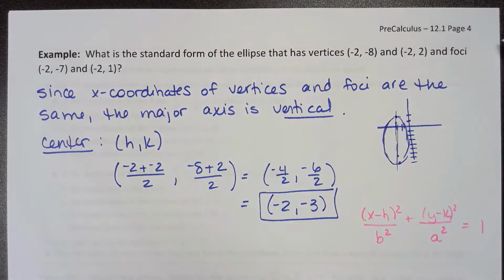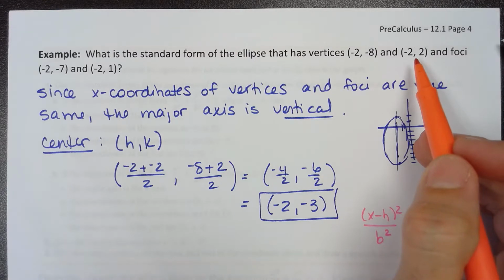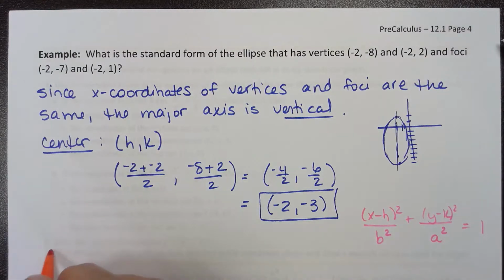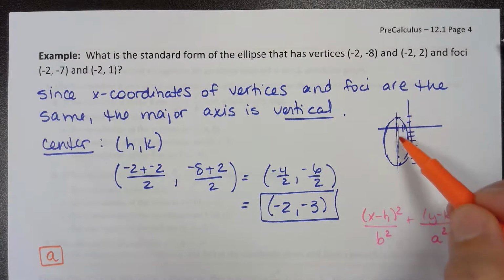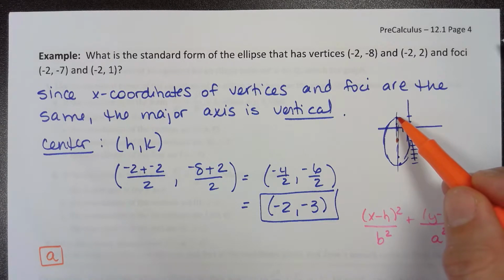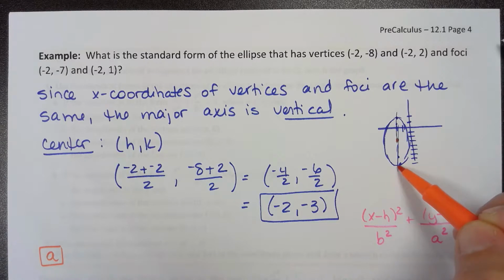So now we need to find out what a is. Since we know the vertices of our major axis, we can find a. Okay, so how do we do that? Remember that the length of a is the distance from the center to the vertex, or it's half of the distance from vertex to vertex, right?